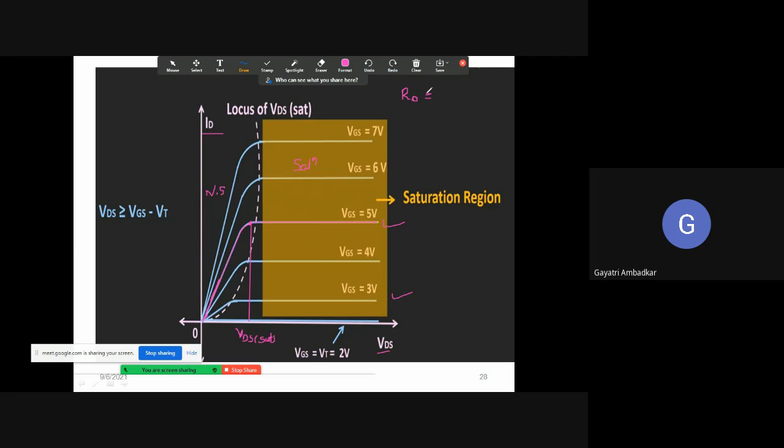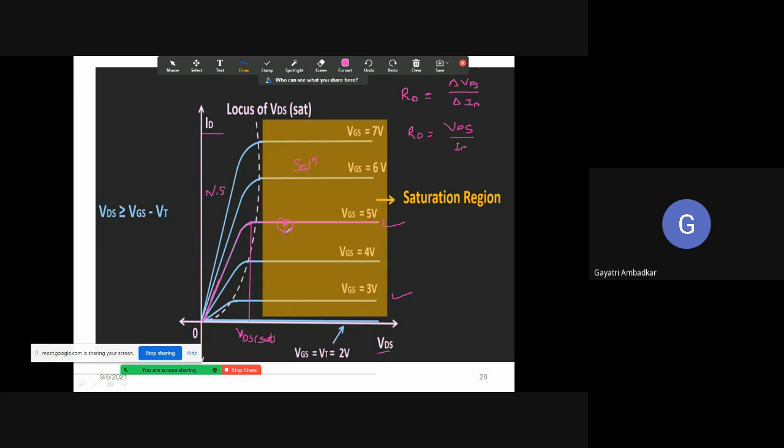So RO is the ratio of, if I want to find the dynamic resistance, change in VDS, delta VDS, divided by change in ID. If I want to find the resistance at any point, let's say at this point, that is the static resistance, and I will simply define RO as the value of VDS at that point divided by the value of ID at this point.